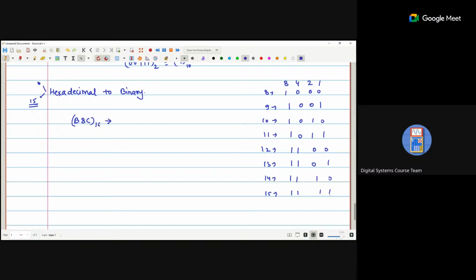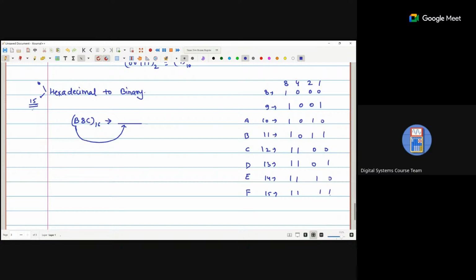We already discussed that in hexadecimal, up to 9 it is similar to decimal, but 10 is defined as A, 11 as B, 12 as C, 13 as D, 14 as E, and 15 as F. Now B8C. So what is B? B is 11. So I can represent every hexadecimal digit with its respective 4 binary digits.